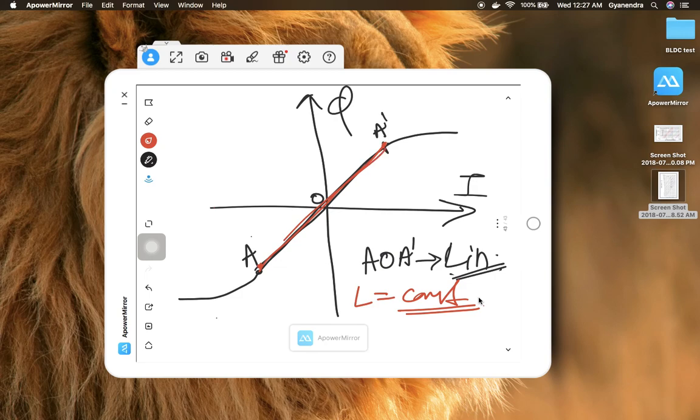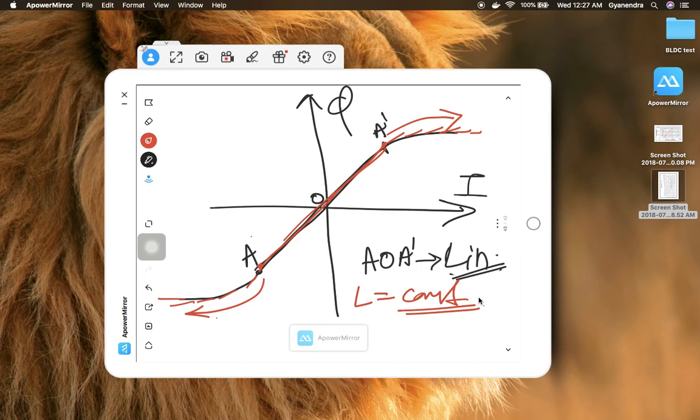If you start going beyond these points, away from A dash, the slope starts decreasing. And when the core is completely saturated, there will not be any slope. That means inductance will be zero. It will act as a short.